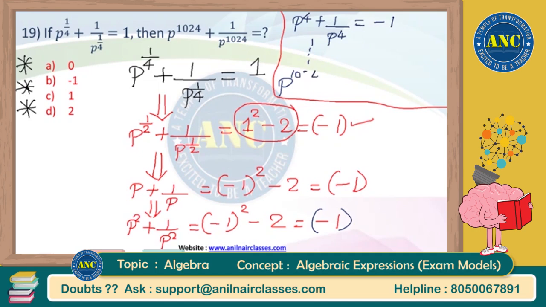That also will be equal to minus 1 whole square minus 2. Again it is minus 1. Beautiful cyclicity problem where the answer will be minus 1. I hope the idea is clear. The answer for this question is minus 1, exactly similar to the way we have solved earlier. No change in the approach.